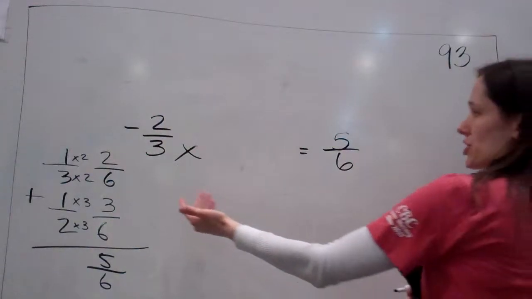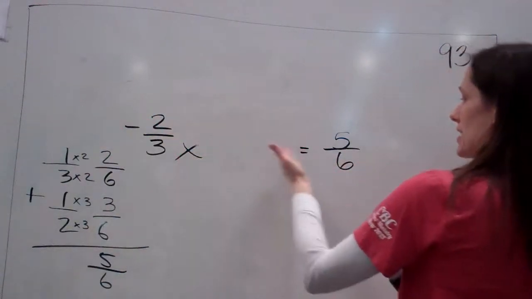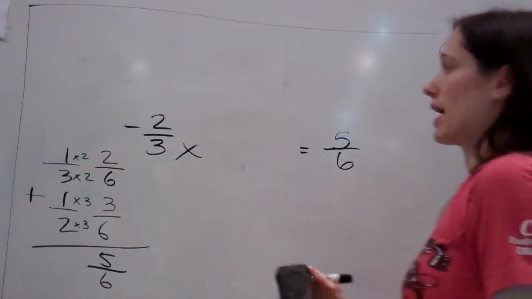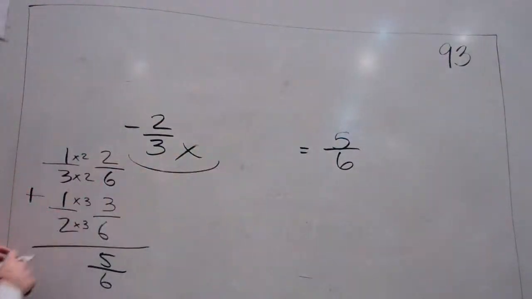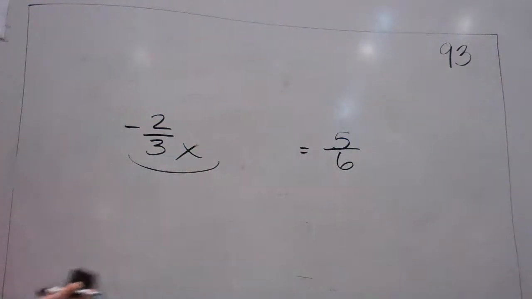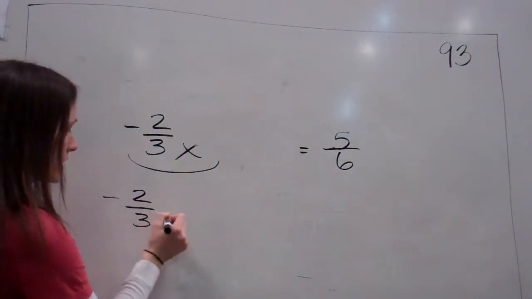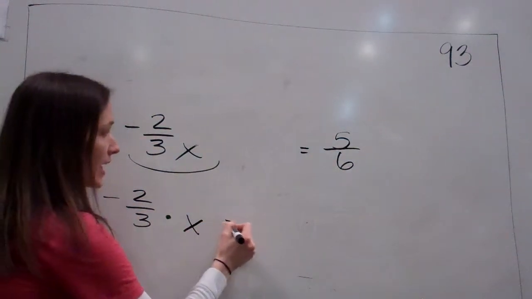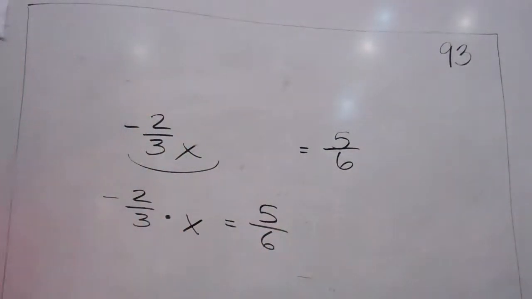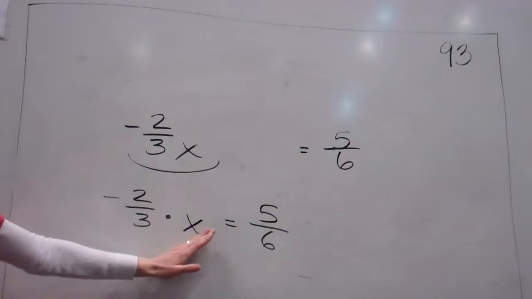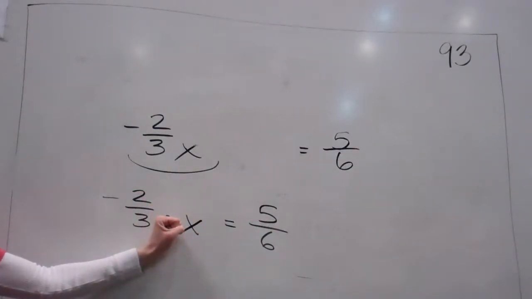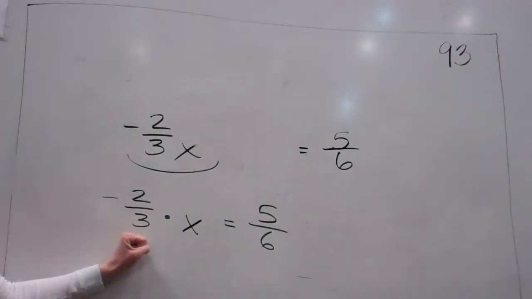Now, the equation now says negative 2/3 x equals 5/6. Okay, what does this mean? It's multiplication. I'm saying negative 2/3 times x equals 5/6. Okay? If I am going to get my x by itself, I have times negative 2/3.